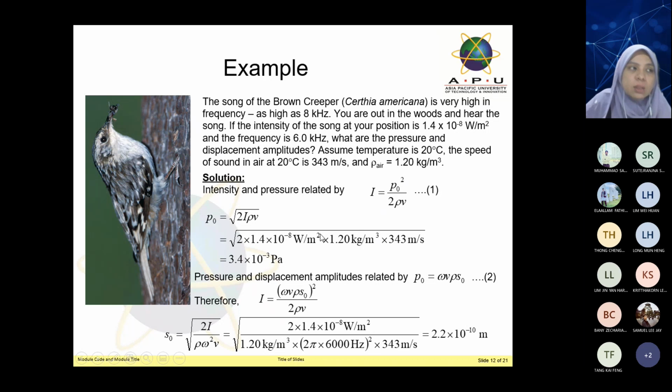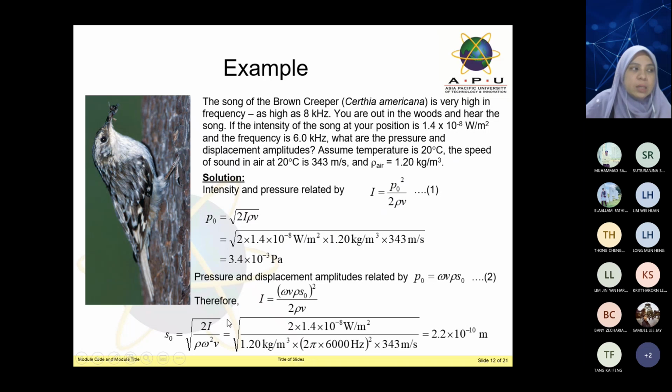So here 1 mark. Here, how many marks do you think for this? 2, right? Substitution 2, final answer 1. So 1, 2, 3, 4. Total for P0 only 4 marks.